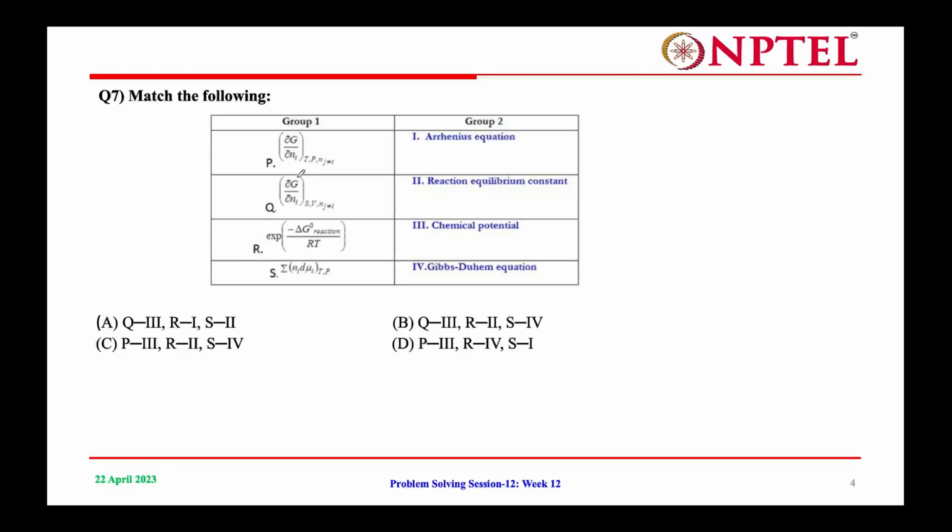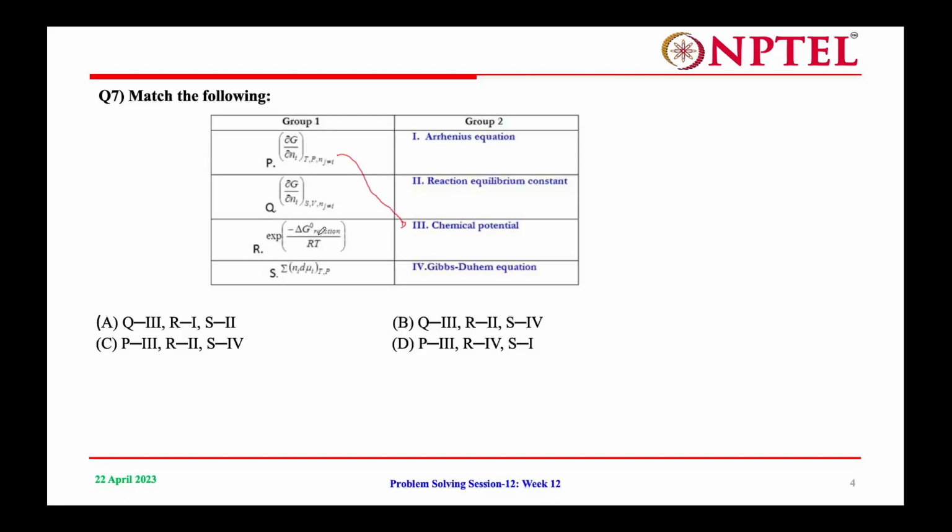So dG divided by dn_i at constant T, P and n_j not equal to i, that's the chemical potential, right? And dG divided by dn_i at constant S, V and n_j not equal to i, this equation does not have any significance.